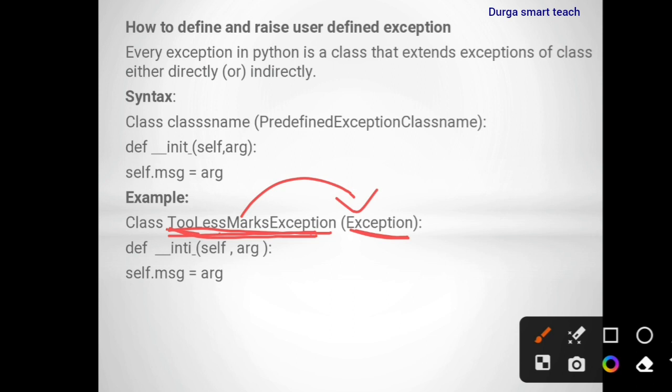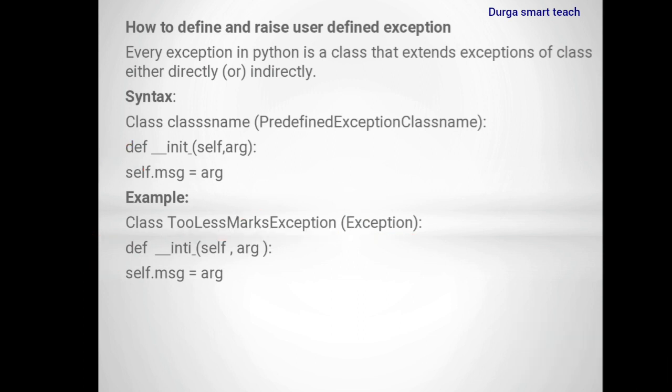So I am deriving the TooLessMarksException subclass from the Exception superclass, and you can access the properties of both classes. Next, def __init__(self, arg) and self.message = arg. You need to remember this syntax. Let's see the example.